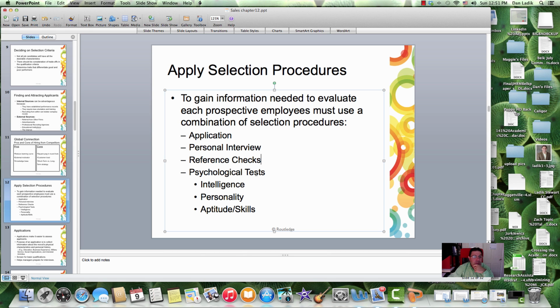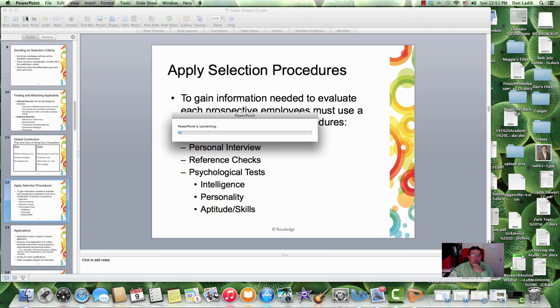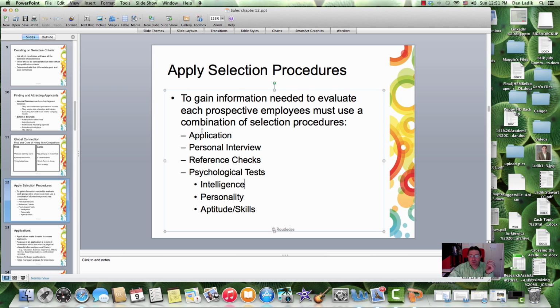You guys should be familiar with this one, psychological tests. We did one for Guardian. We can look at intelligence, IQ. We've talked a lot in the semester about EQ as well. We can look for certain personality variables such as grit, and also certain skill levels, certain aptitudes, and we can see if we can grab that through a test.